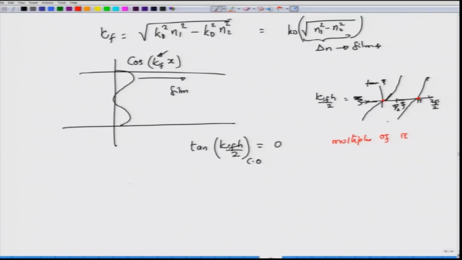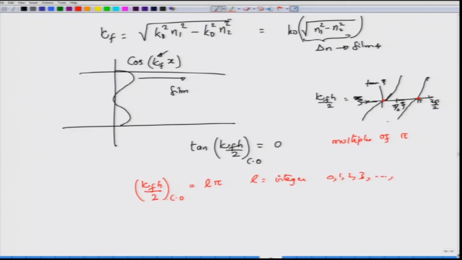So, let us look at this. I have kappa f h by 2 under cutoff being equal to some integer L times pi, where L is an integer and this integer is 0, 1, 2, 3 and so on, and different modes that are possible with this one is also written out here. Okay.